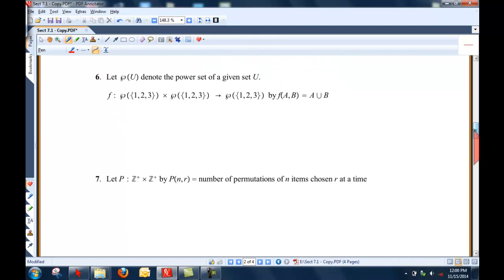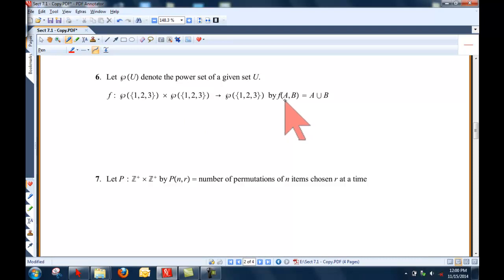Here's a really scary one with weird notation going on. So let's let P of U denote the power set. Remember, that's the set of all possible subsets of whatever given universal set we're talking about. So I propose a function that goes from the power set of {1, 2, 3} cross the power set of {1, 2, 3} to the power set of {1, 2, 3}, if you're still with me.